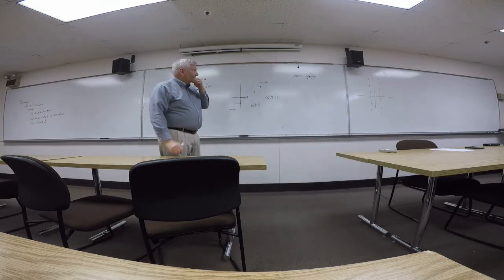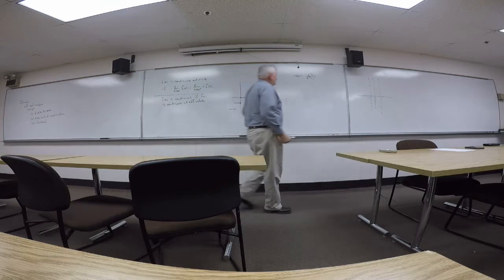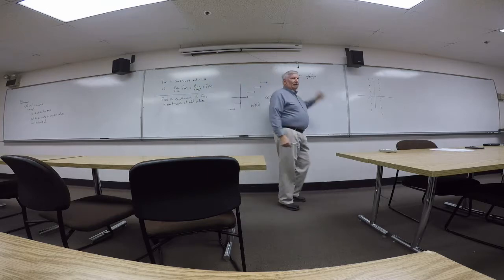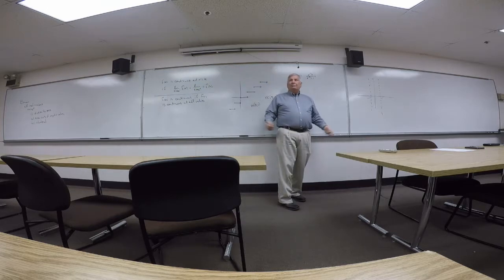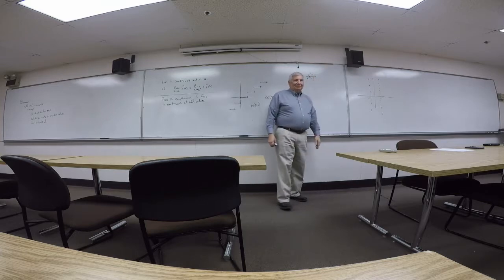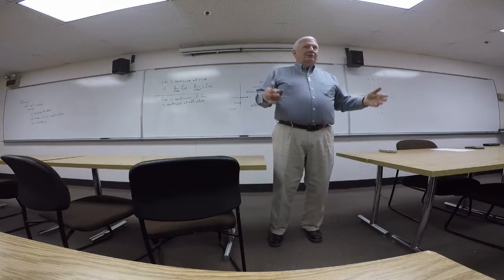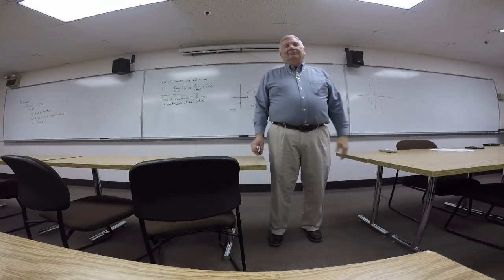Well, as x is very, very large, this kind of behaves as x squared over x squared. For instance, if x is 100, 100 squared is 10,000. 10,000 plus 1 is 10,001. 10,000 minus 1 is 9,999. What is 10,001 divided by 9,999? Pretty darn close to 1.